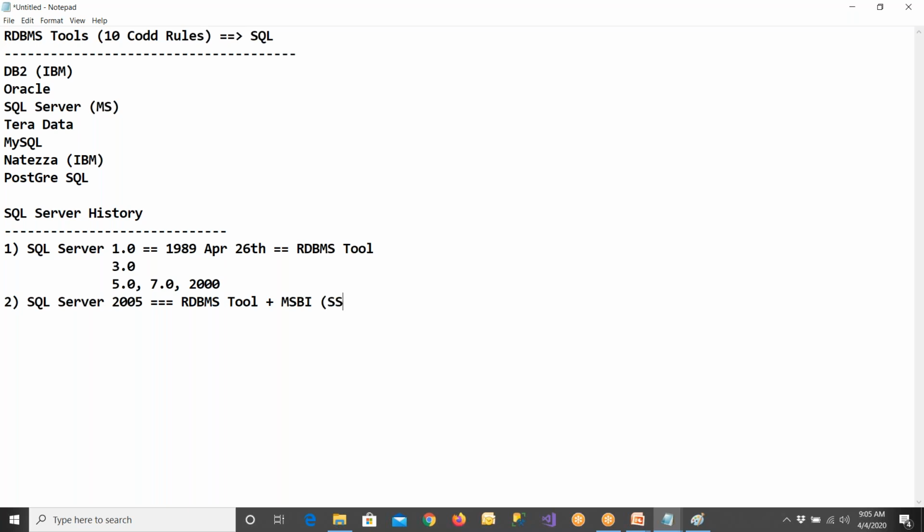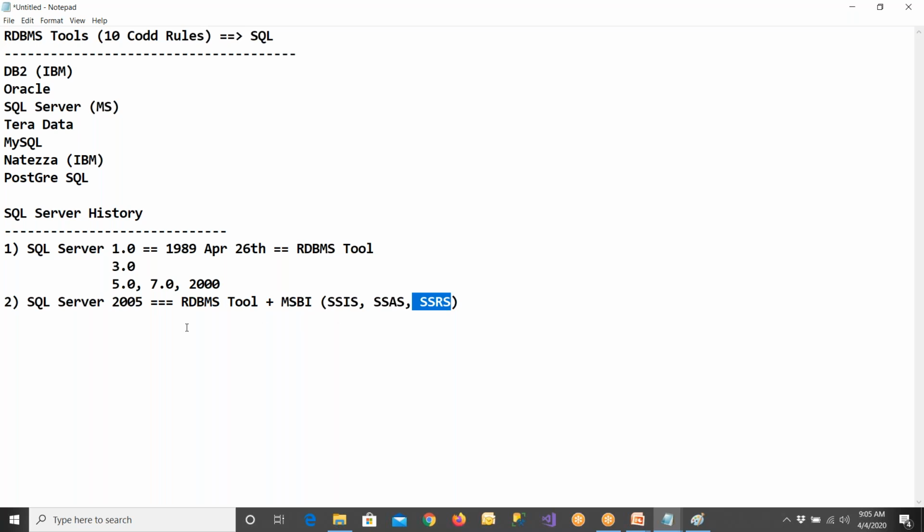Here we have SSIS, SSAS and SSRS. Today the SQL Server software is not purely an RDBMS tool, but also a data analytics tool. MSBI stands for Microsoft Business Intelligence. This is an integration tool, ETL tool, this is an analysis tool, and this is a reporting tool.